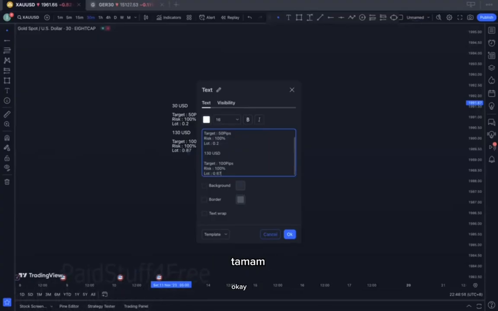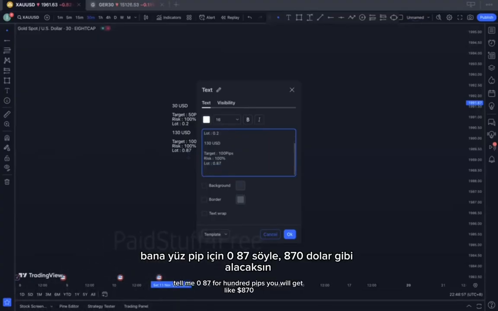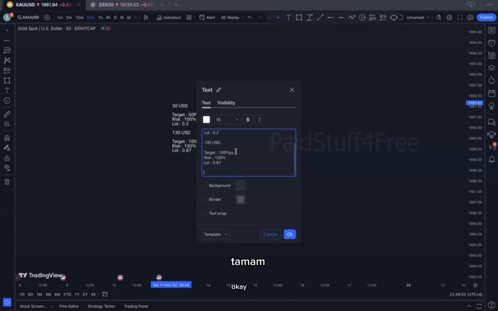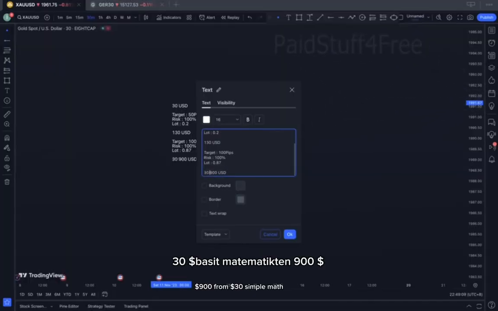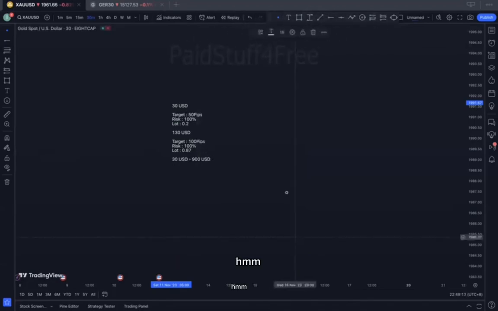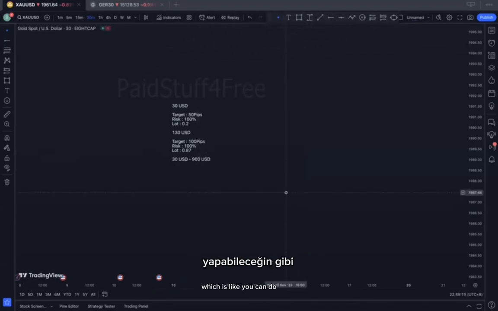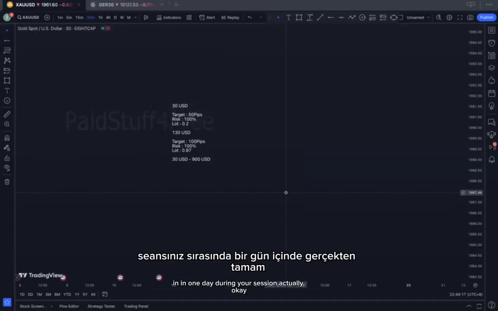So tell me, 0.87 for 100 pips, you will get like $870, right? So with 2 setups, you'll get like $900 from 30 US dollars. Simple math. It's 2 setups, which you can do in one day during your session actually.